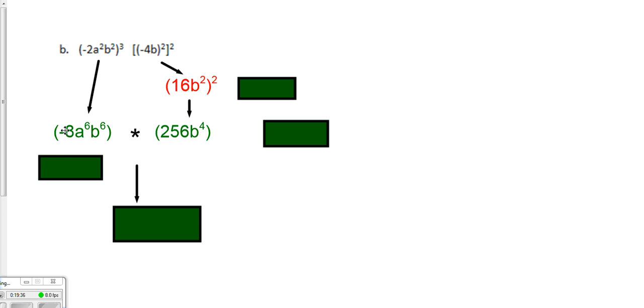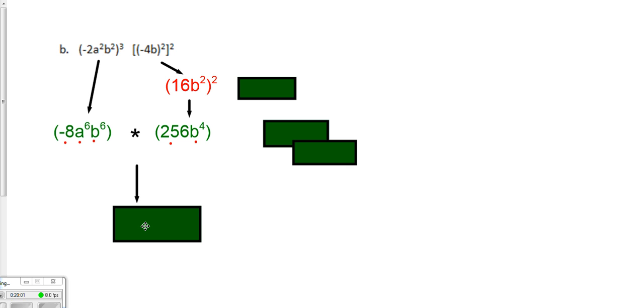Now we've got negative 8a to the 6th, b to the 6th, times 256 b to the 4th. So now we can just match each of those things together like we did before. Number times number. A's with the a's. There's no a's here, so it'll stay the same. And b's with the b's.